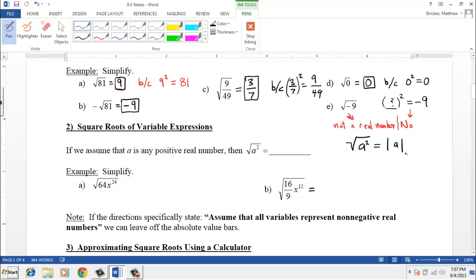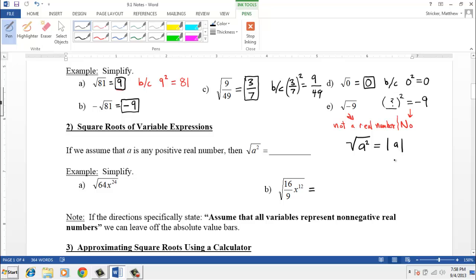We would think it would probably be a, but it's actually the absolute value of a. And this is because we have to account for the fact that when we have a variable, it can be negative. If a is positive, for example, then this works out. But if it's negative, then this could potentially be a negative. So that's why we have to have the absolute value.